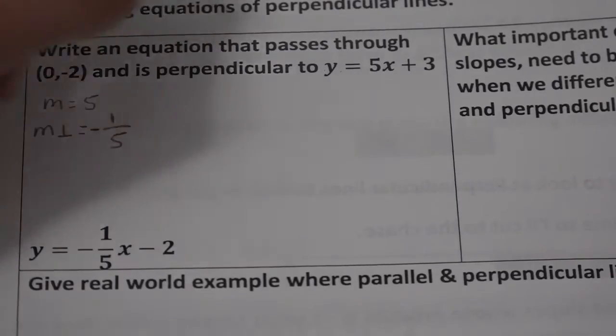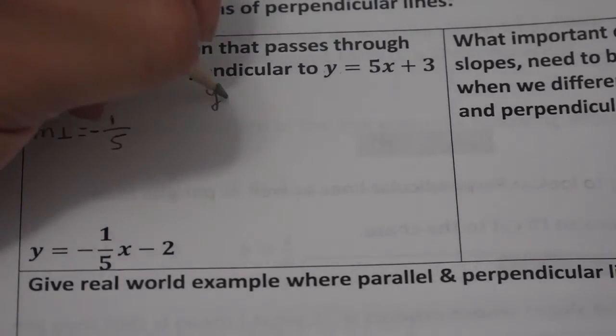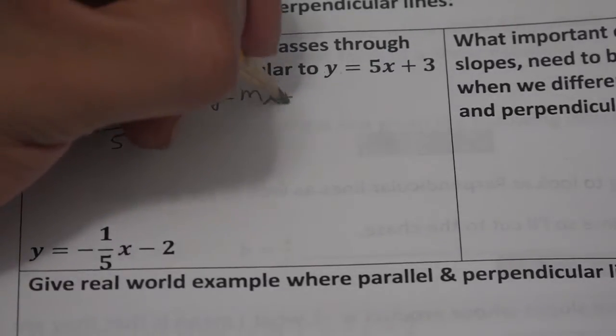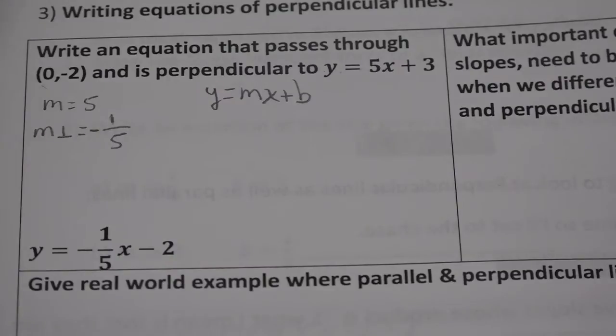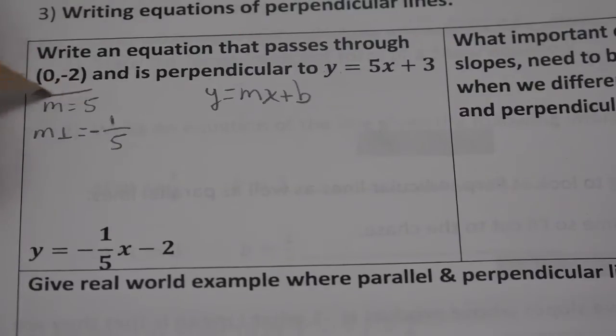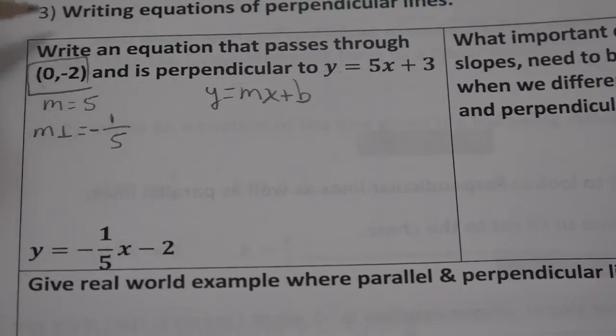Alright, I'm going to do this on purpose. Y equals mx plus b. Now we need to replace the information. Wait, hold it. Look at this point right here. 0 comma negative 2. We agree upon the fact that if the ordered pair is 0 comma something, that is your y-intercept.